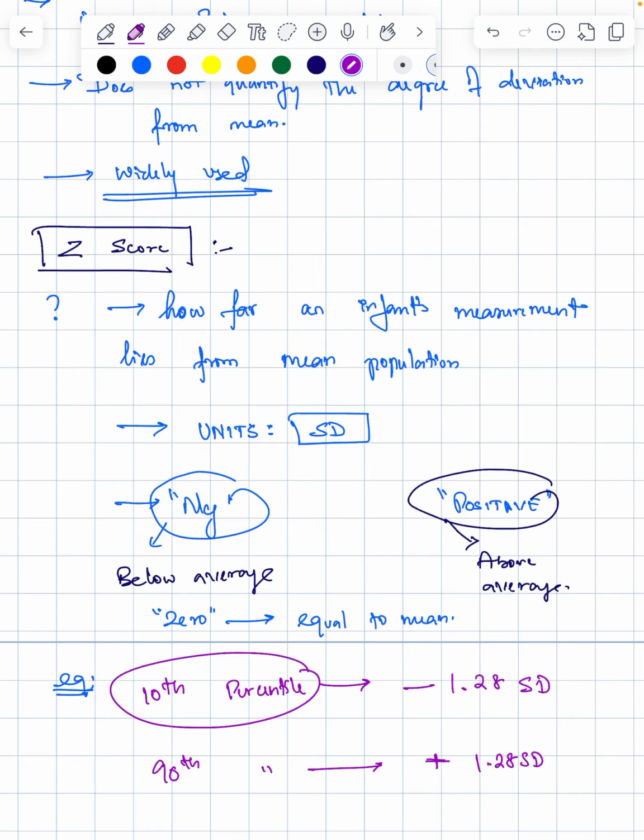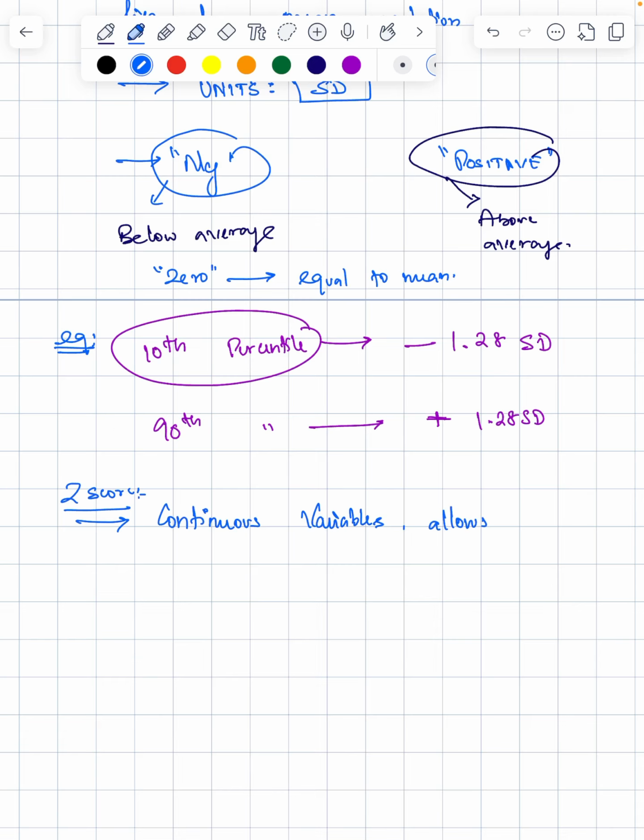Z scores are continuous variables which allow precise tracking of the growth of the child.